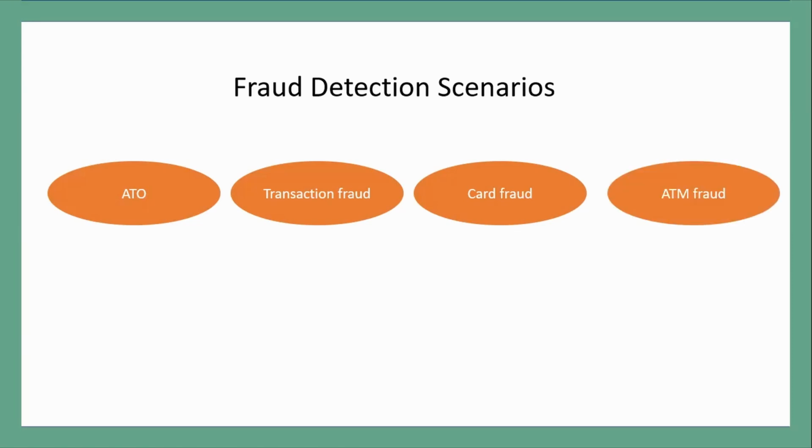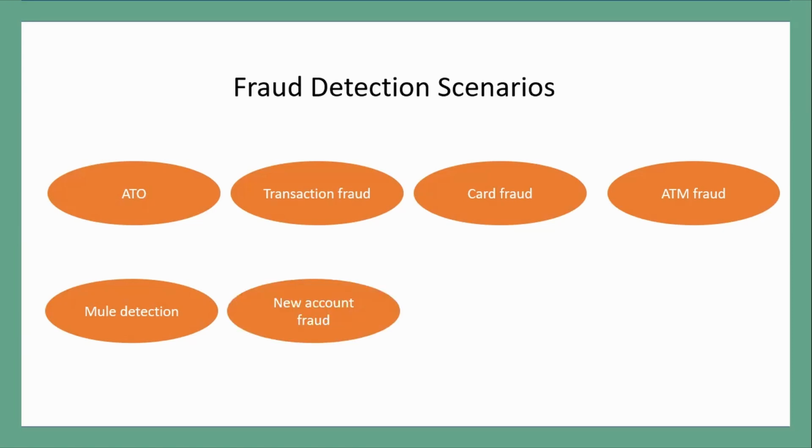The next category is ATM fraud. So again, it's a debit card kind of fraud where the debit card is stolen, and money is being withdrawn. The next category is mule detection. So the bank would like to identify mule accounts, and that's more like a preventive measure.